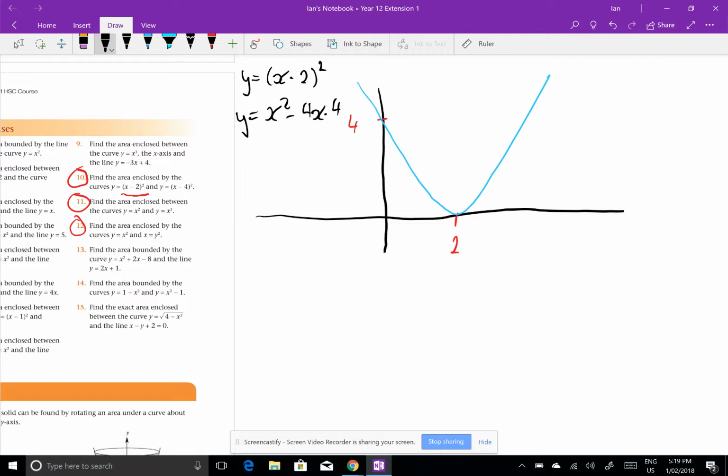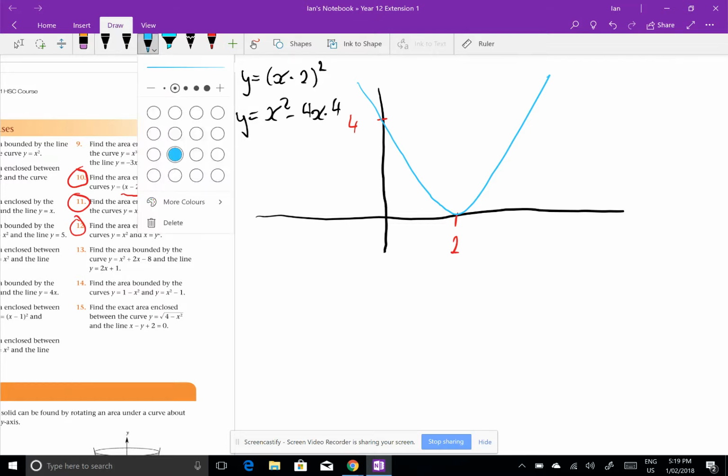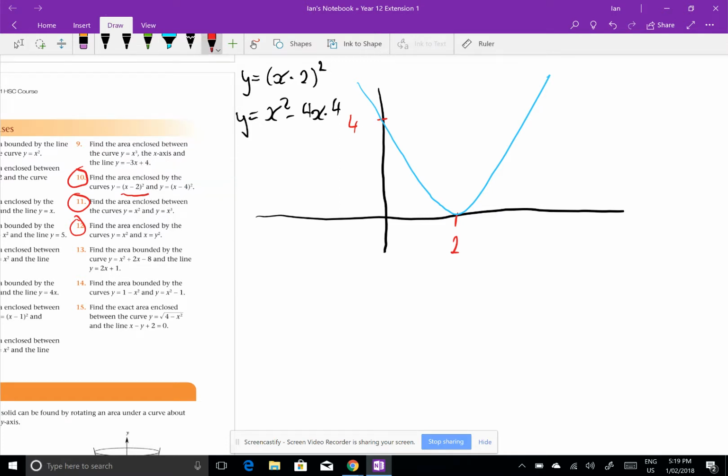Anyway, let's do the other one now. And remember, color is good. We know that it's going to go through 4 over here. We can see it's x minus 4 all squared. It's the same function, but this time it's got a double root at x equals 4. So if we were to graph it, it's going to come down here, hit there, and go up.